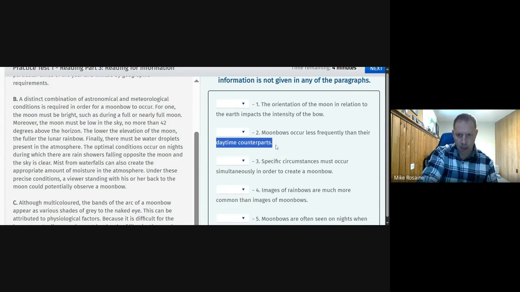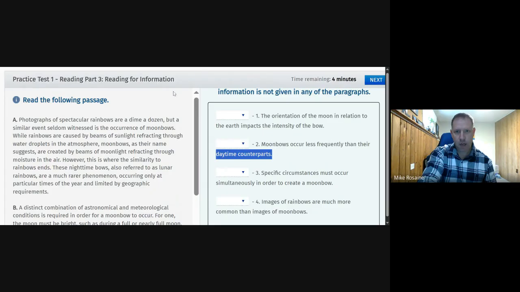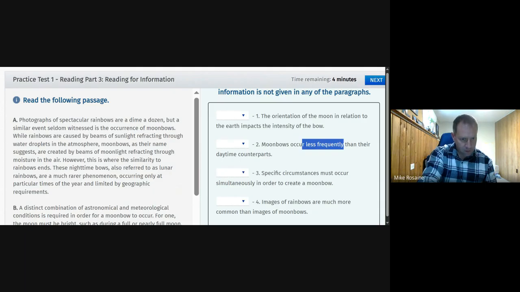Number two, moonbows occur less frequently than their daytime counterparts. What does that mean? Sounds like maybe rainbow to me. So moonbow, rainbow. Similar idea. Let's go to A and check. Less frequently is what I'm scanning for. I remember this phrase here towards the end. Much rarer phenomenon. So let's check there.